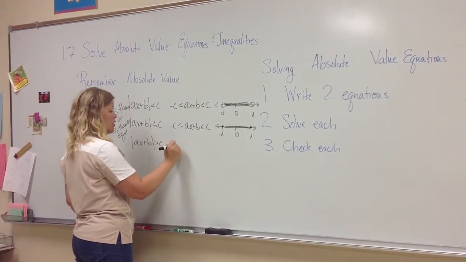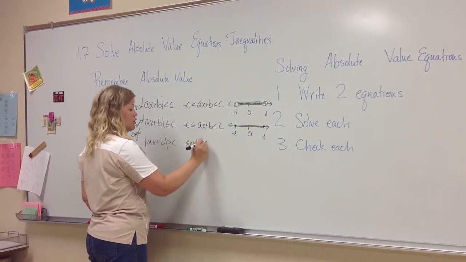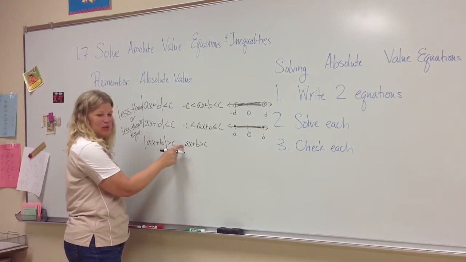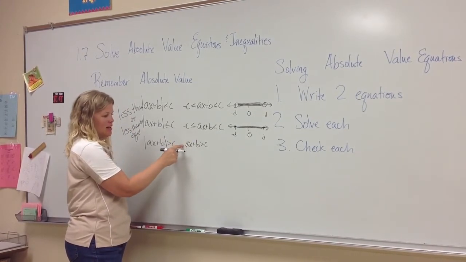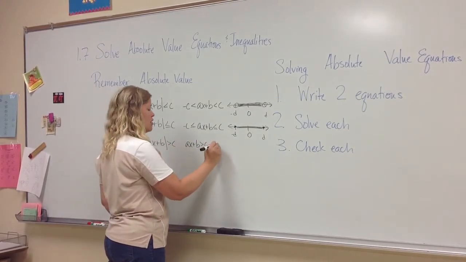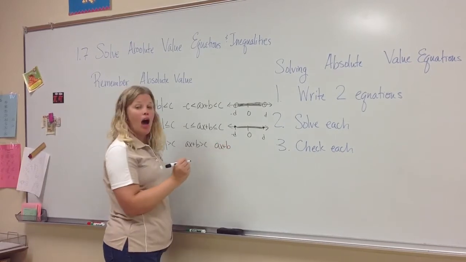Well, remember, we're going to write two, so write the one that you have. And we don't usually see another greater than sign here. So what we're going to do is think opposite.